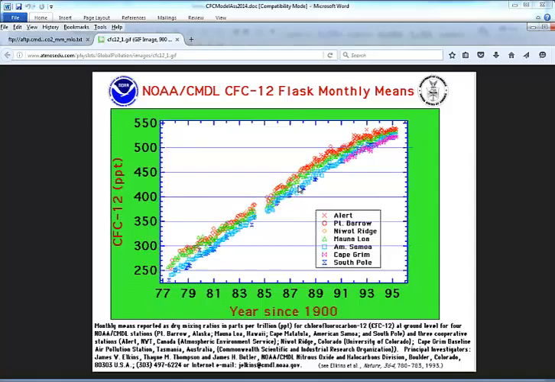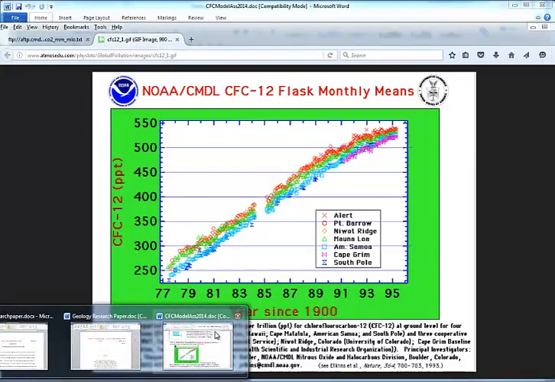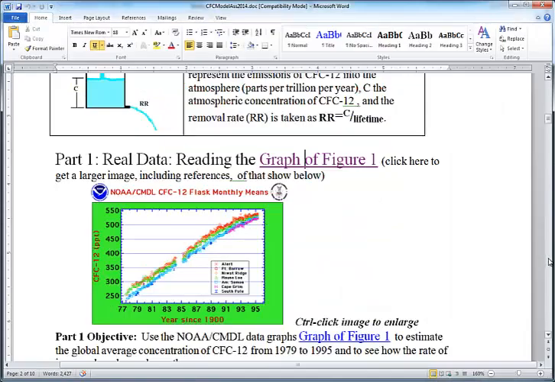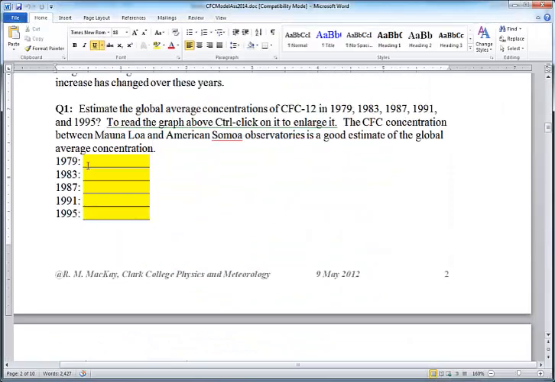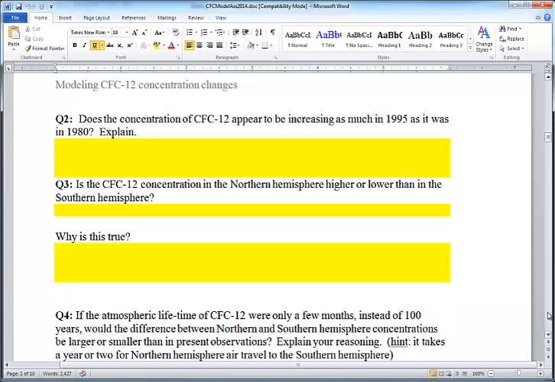And so read this data, and we'll enter the values in this table. So I actually just did the first two, 280 parts per trillion, 350 parts per trillion for 1983, that filled in the other 3 years from that data graph. And then you'll be asked some questions here.